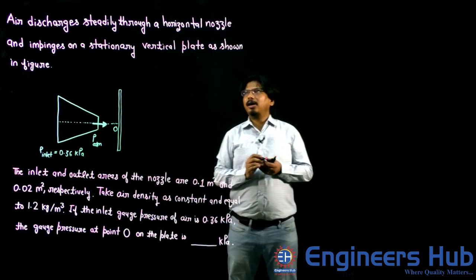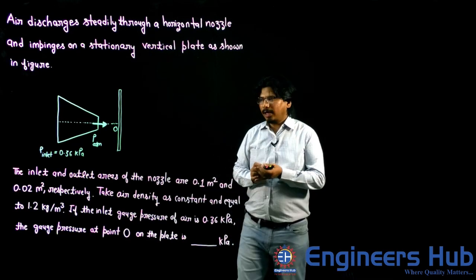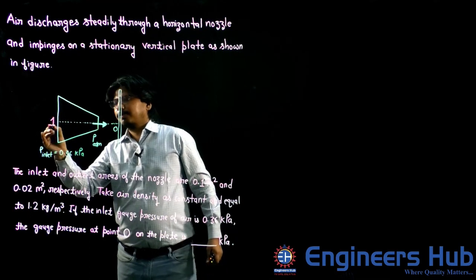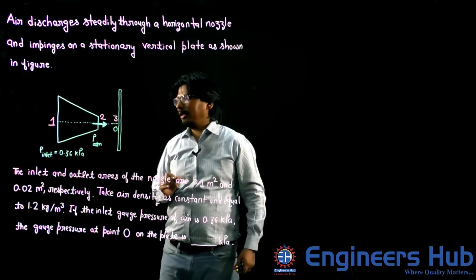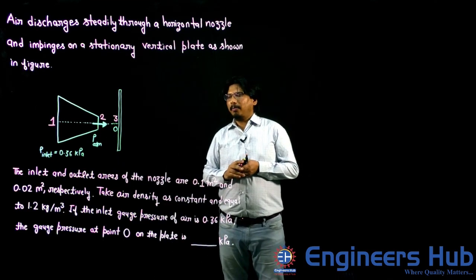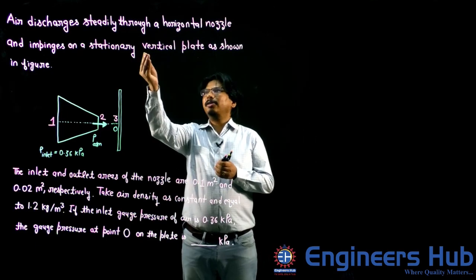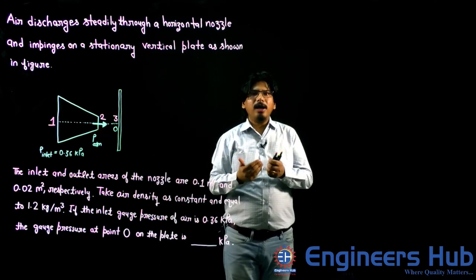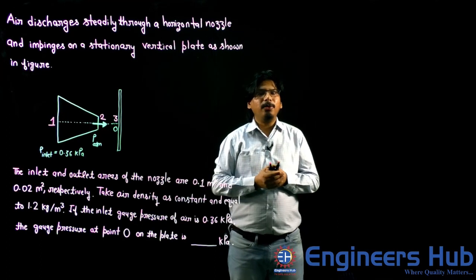So my friends, how to approach this problem? Look here, let me say this is point number 1, this is point number 2, this is point number 3. So basically he is asking the gauge pressure at point number 3. Already he has given steady flow and incompressible flow, so we are eligible to apply the continuity equation, which is AV is equal to constant.